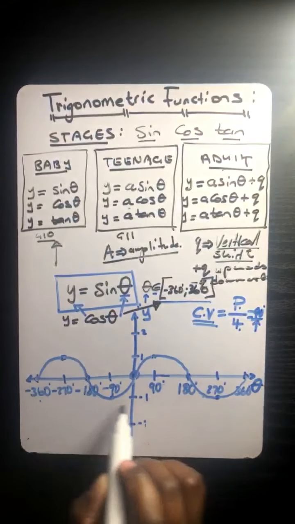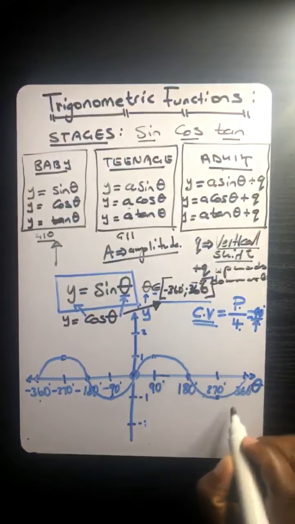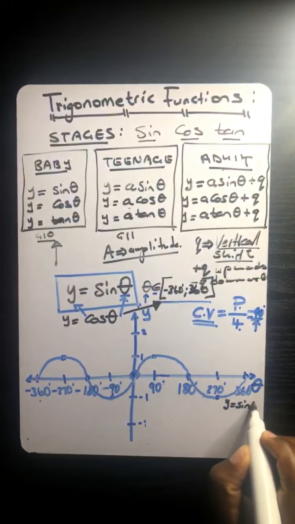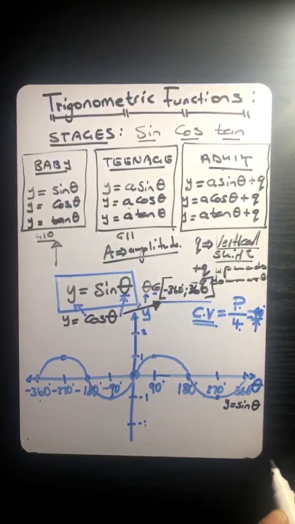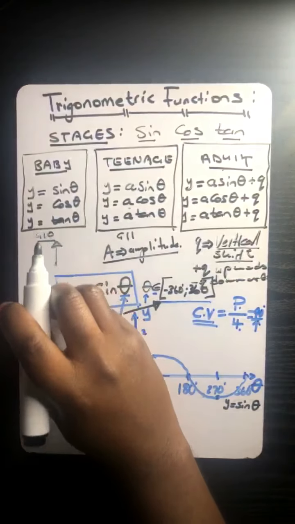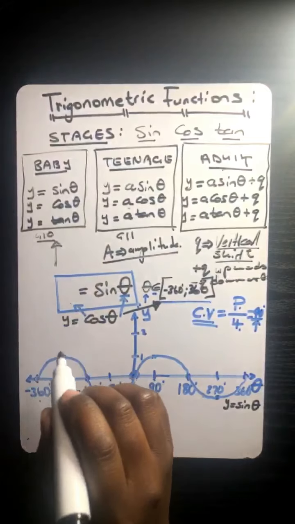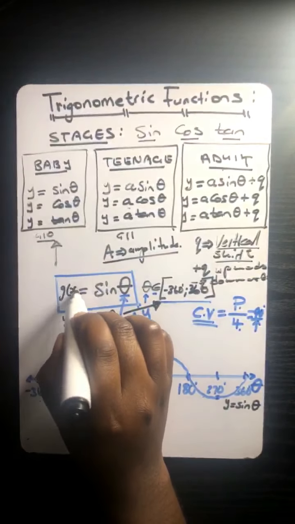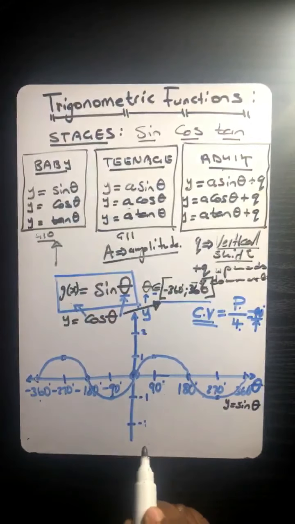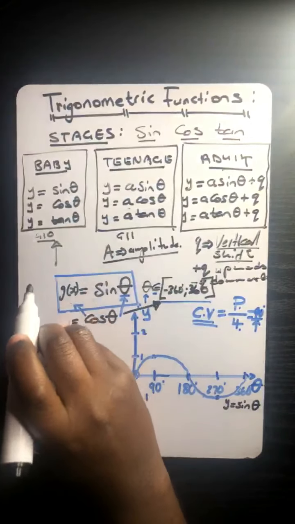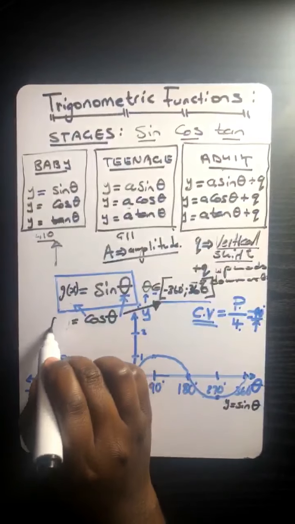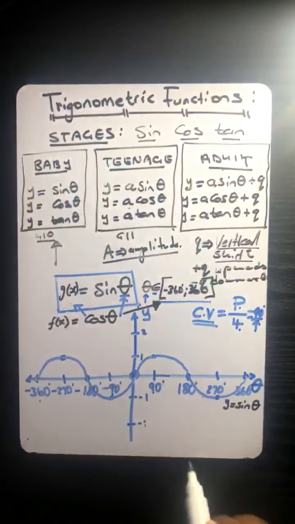This one for sine, let's say this is the one which is y equals sine of angle. Something very, very important. It makes it easy if we assign a name to this function, maybe call it g of x. Let's call this one f of x.